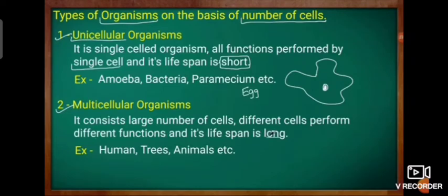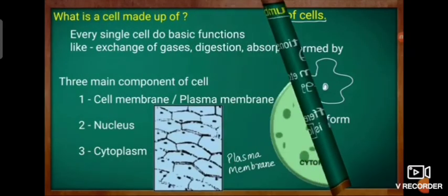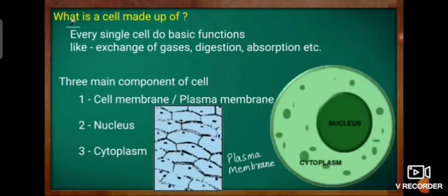You also know that unicellular organisms like amoeba and bacteria have cells called prokaryotic cells. Pro comes from primitive, a very primitive type of cell, but multicellular organisms have a modified type of cell known as eukaryotic cells.